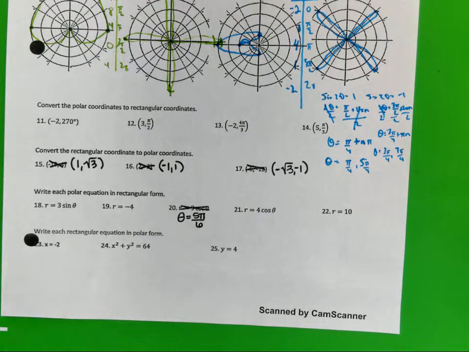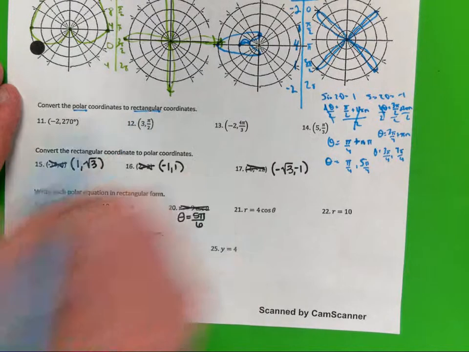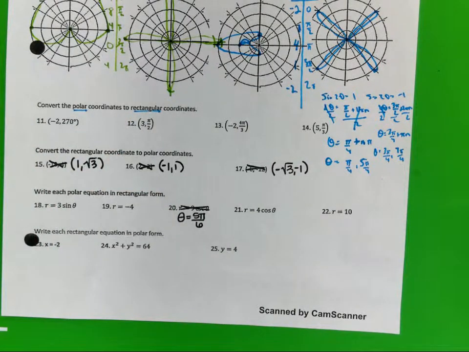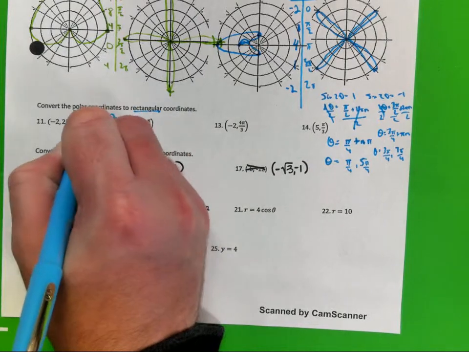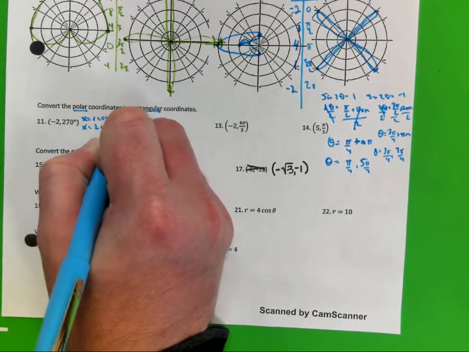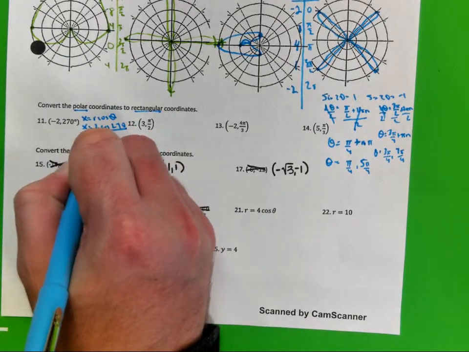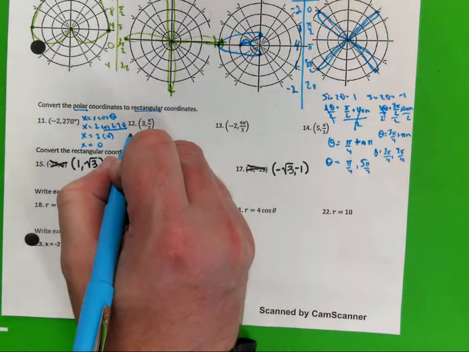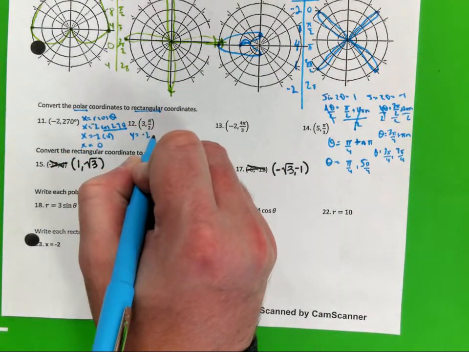Alright, so number 11. Let's read the direction. It says, convert the polar to rectangular. So if you're going to rectangular, you need to know 2 things. What are they? X and Y. So here we go. X equals R cosine theta. Cosine of 270 is 0, so X equals 0. Now Y is negative, that's supposed to be a negative 2.